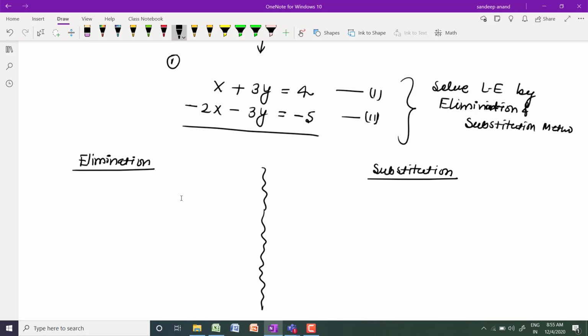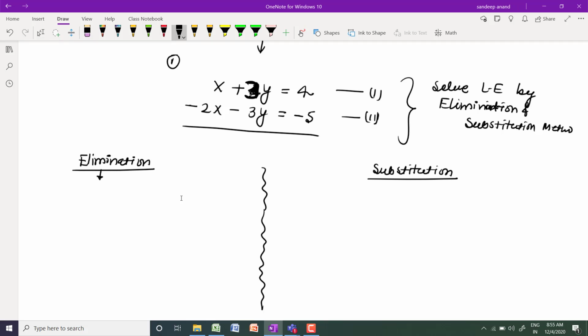So in the elimination method, you eliminate one variable by first maintaining the coefficient of either the x variable or the y variable the same. The equations are x plus 3y is equal to 4, and minus 2x minus 3y equal to minus 5.